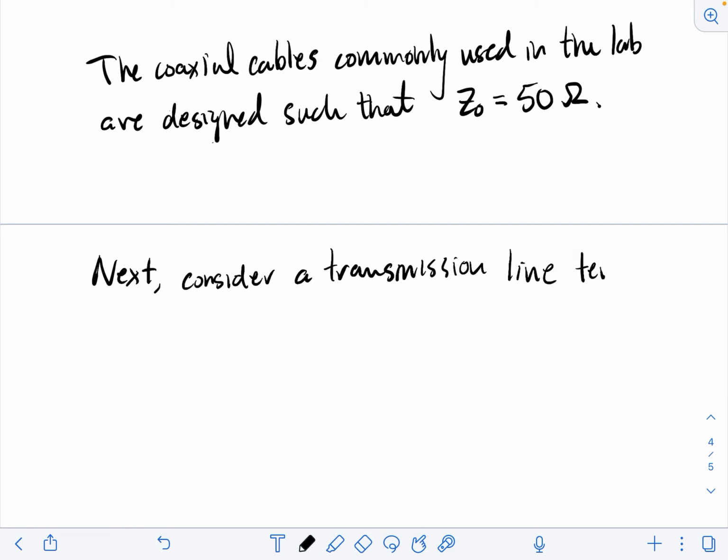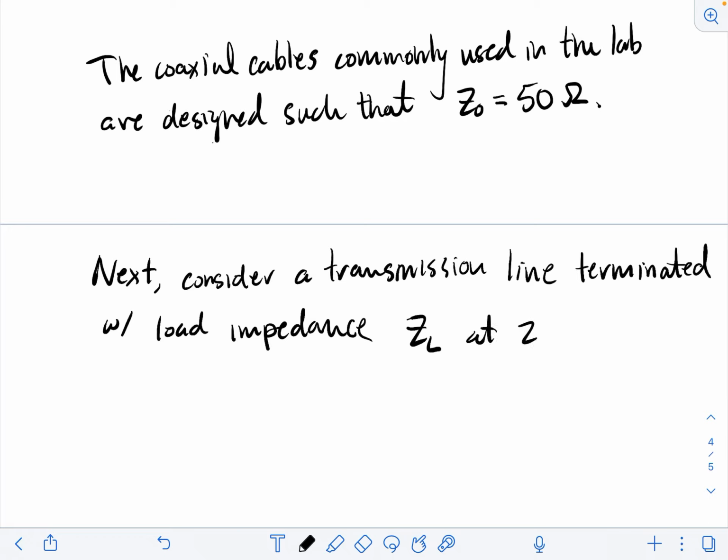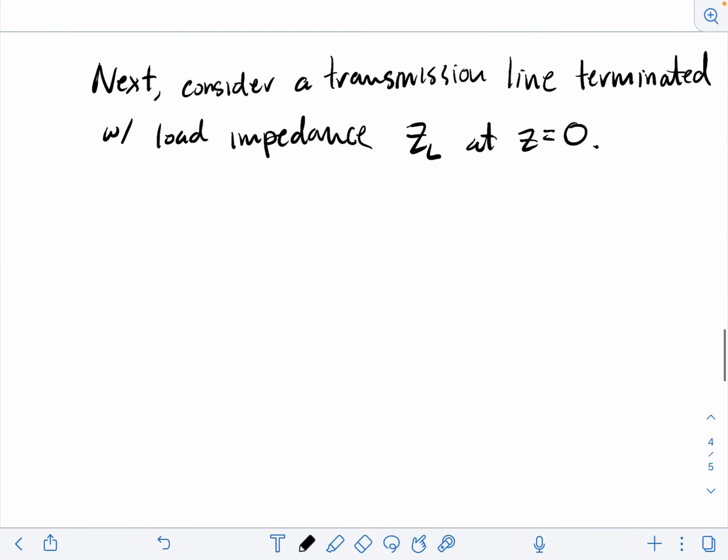But then we're going to take the other end of the transmission line and terminate it with a load impedance. So it could be a resistor or an inductor or a capacitor or any combination of those things. So it has some effective impedance ZL at the position Z equals 0. And remember, we set Z equals 0 at the end of the transmission line.